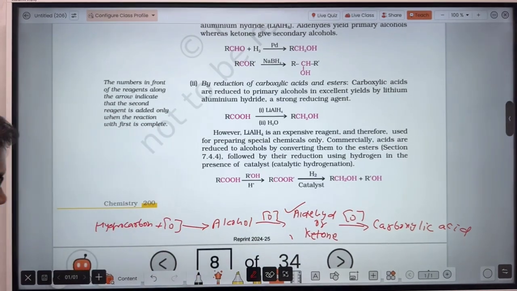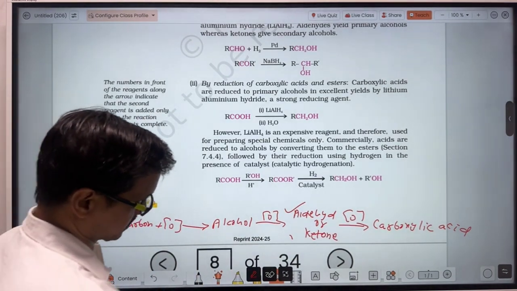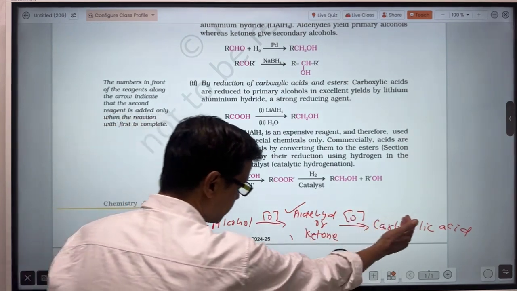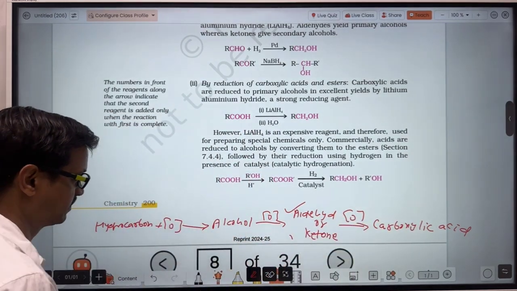About that we will discuss in the next class. So when you oxidize, the reaction goes in this direction, and when you reduce, the reaction comes in this direction.